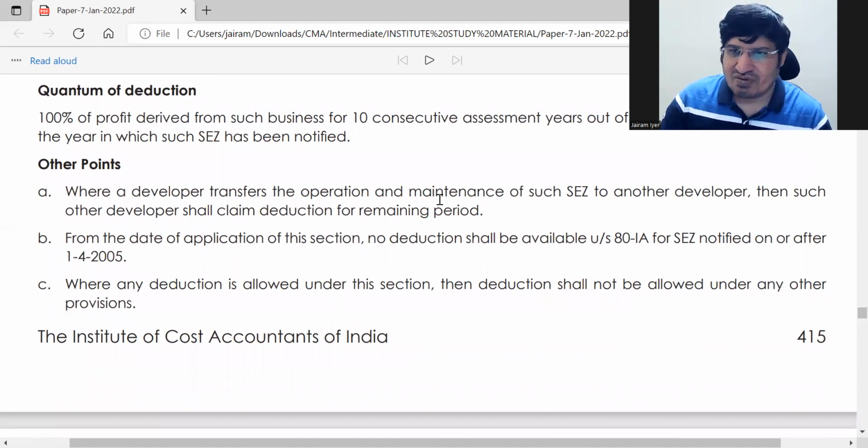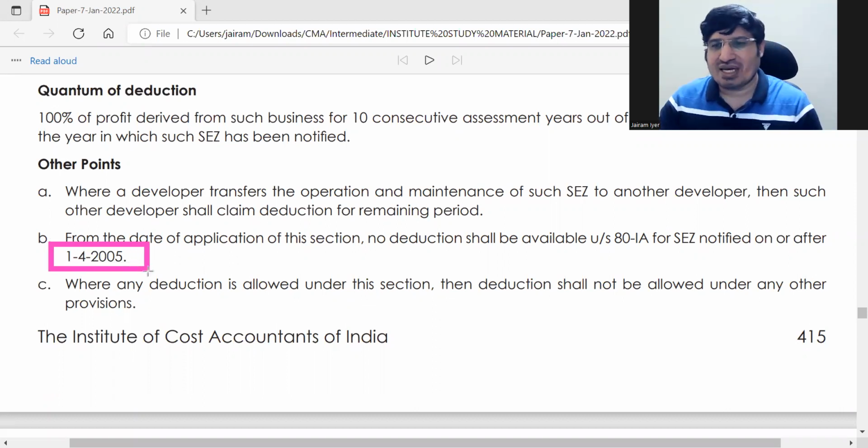The only main thing you have to remember is that this is for SEZ notified on or after 1/4/2005. If there is any earlier deduction, that would have been covered under 80IA, but as of now this section has been notified as 80IAB.